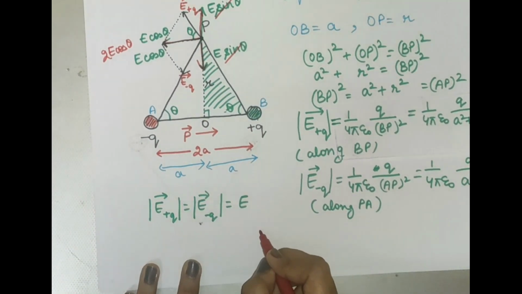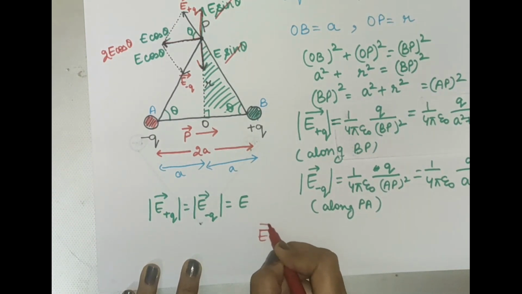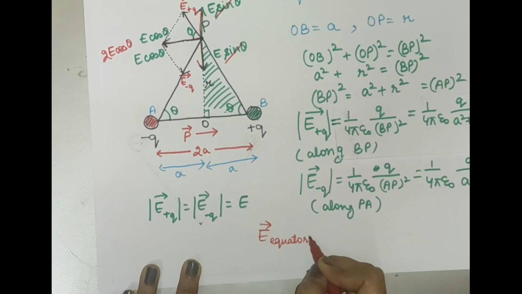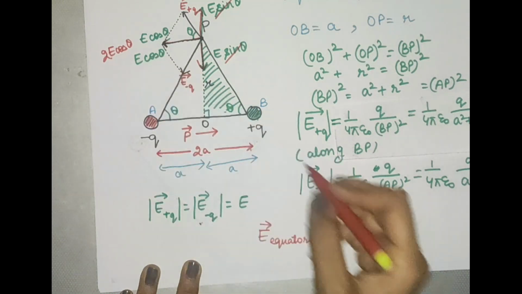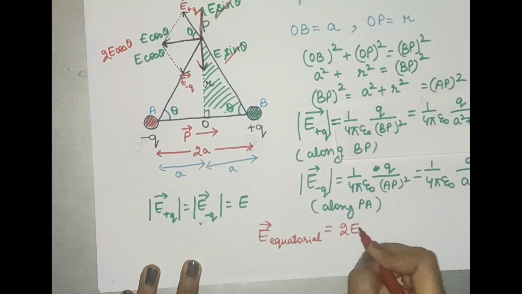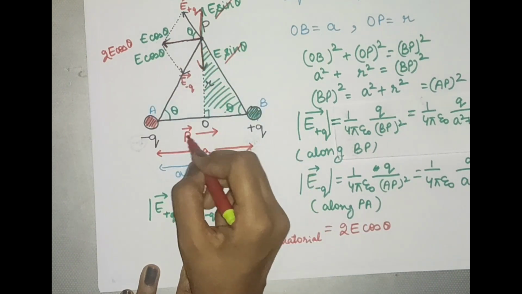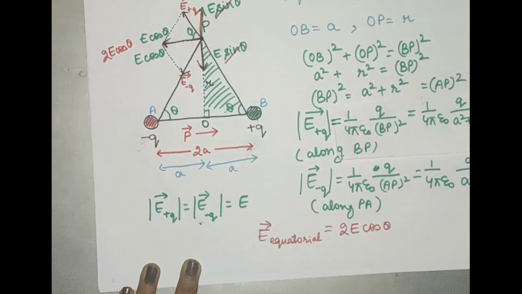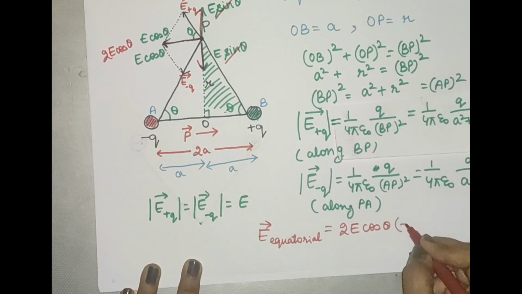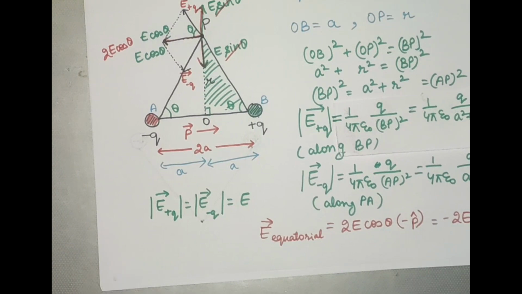So my net electric field in vector representation, that is electric field at equatorial point, would be equal to 2E cos theta, and the direction is opposite to the direction of dipole, so I'll get minus P cap. So net electric field is minus 2E cos theta P cap.